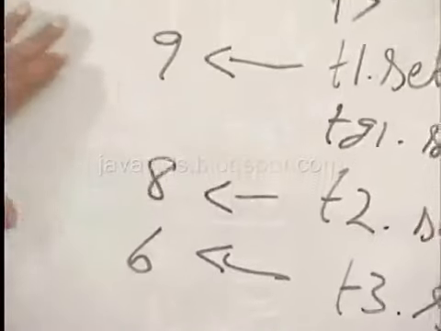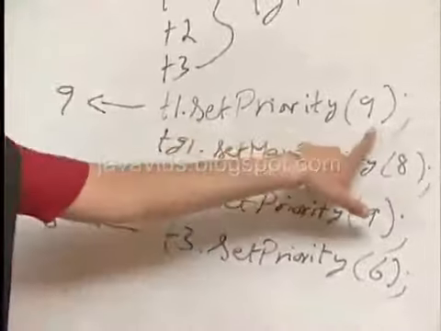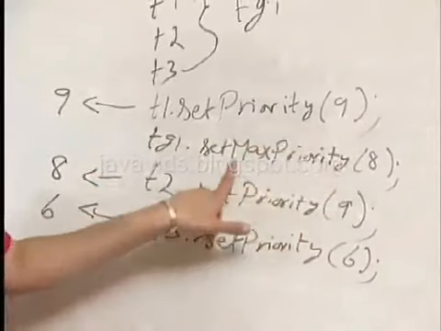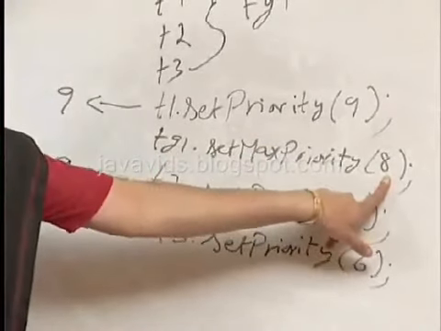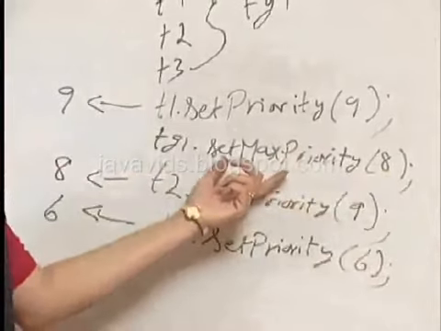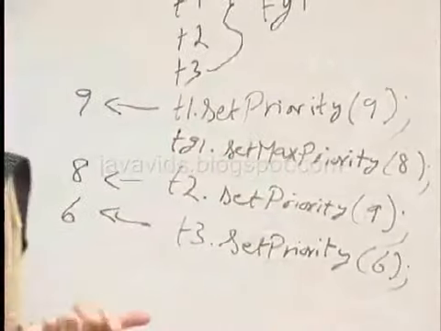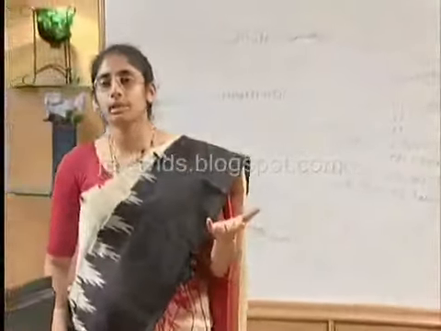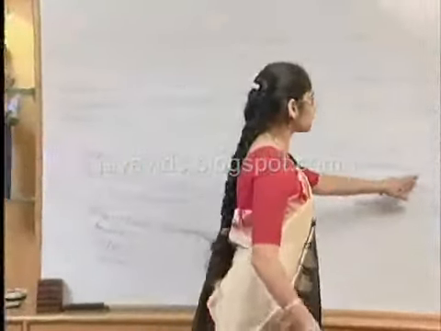The reason for this is you are setting the priority of T1 to be 9 before setting the max priority for the group to be 8. When you set the max priority for a group, it means that any thread that belongs to that particular group cannot have a priority greater than 8.